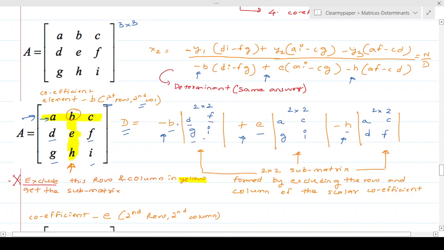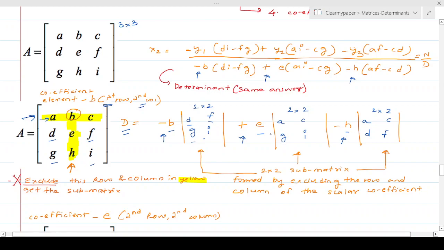D is below G, and F is below I. That means the way to find the determinant is take any element as a scalar and multiply it by the remaining elements in which the very element that you selected to start with, that row and that column is excluded. In this case, we are excluding the first row and the second column.